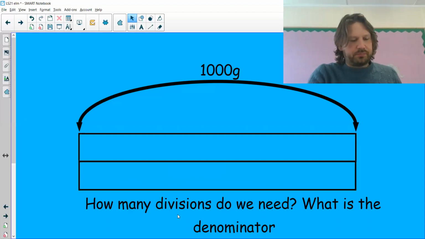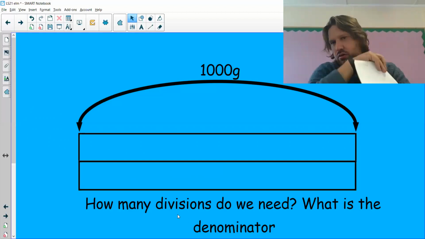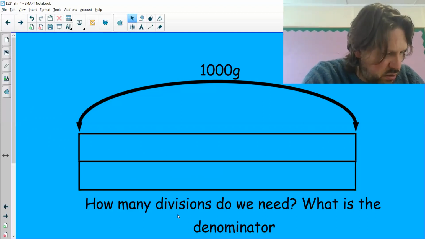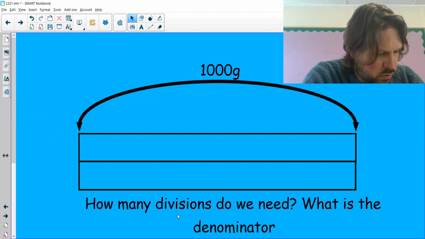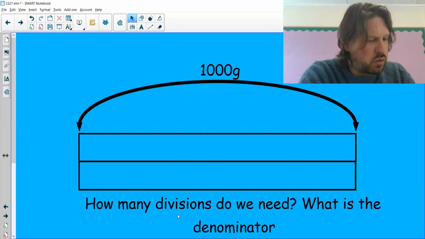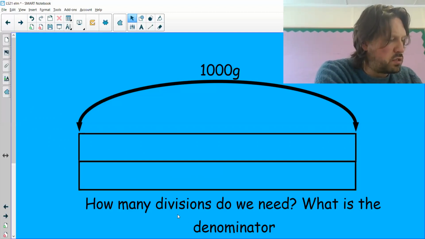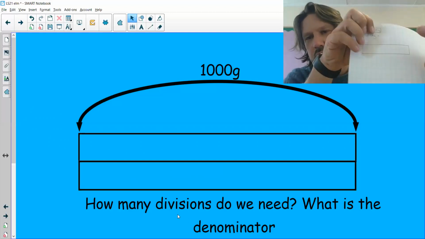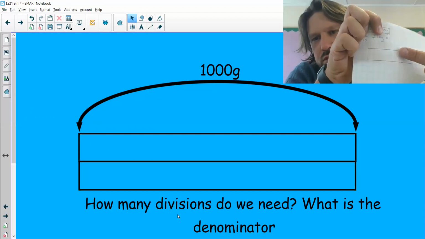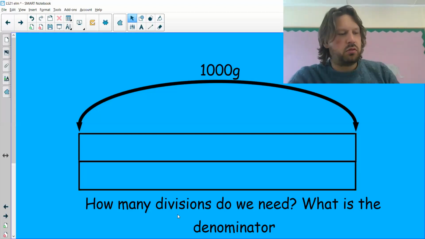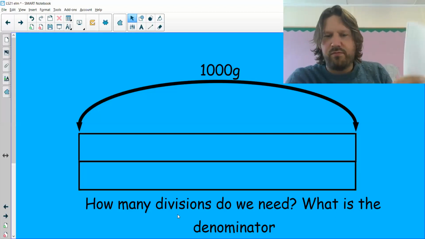So what I want you to do is I want you to draw this shape, lines. Now, I just counted that. What you need to do is make this bar as long as the denominator.